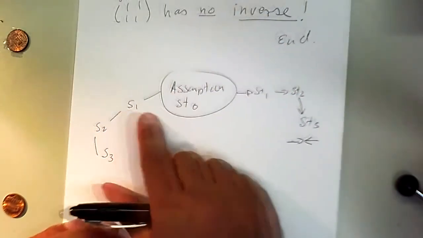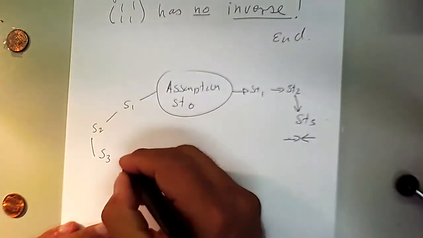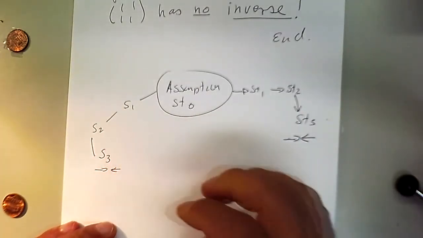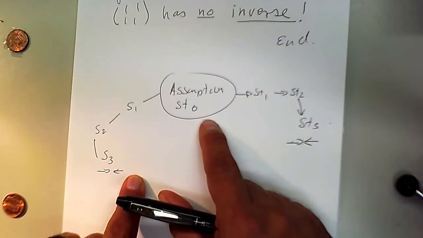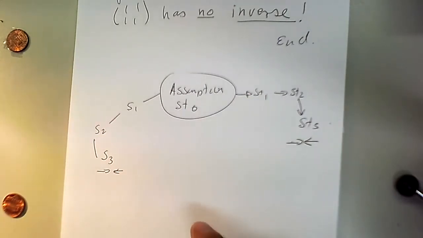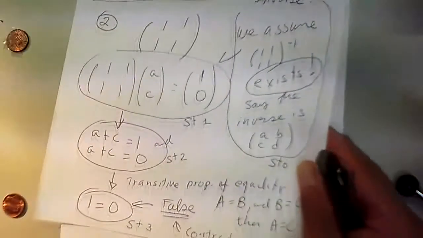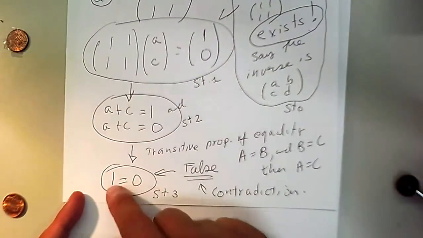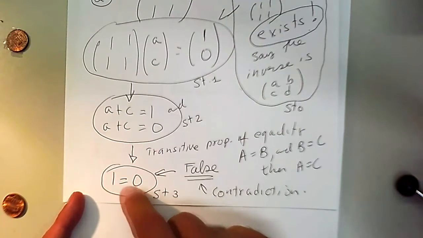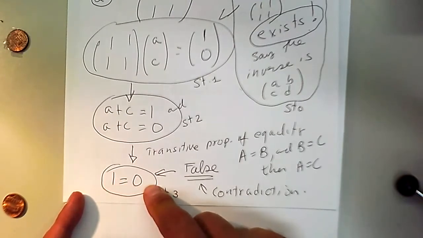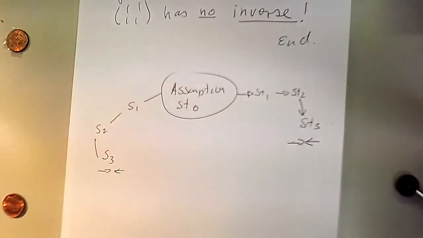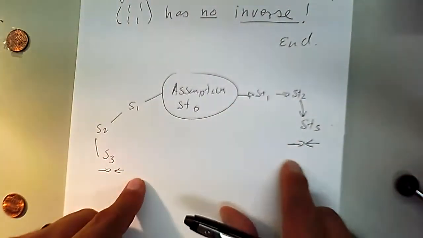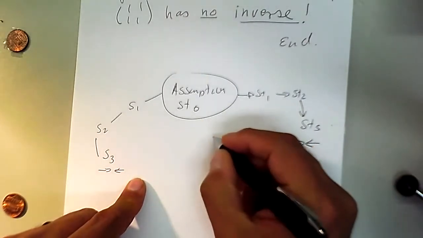I'm getting lazy, so instead of ST, I'm using S. And then that is a contradiction. Now, you don't have to go through all of them because there may be many. Don't continue once you have a contradiction. If you add a 1 to both sides of this equation, you end up with 2 equals 1, which is again a contradiction, a falsehood. So when you are doing a proof by contradiction, do one. There may be many.